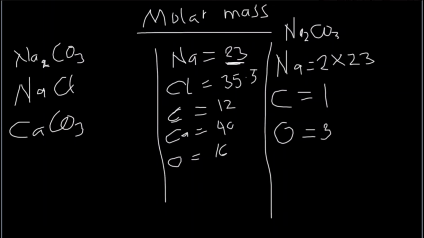Also, carbon is 12. We have only one carbon in the compound, so we multiply the 1 by 12. Oxygen, we have 3 oxygens, so we multiply the 3 by the relative atomic mass of oxygen, which is 16.